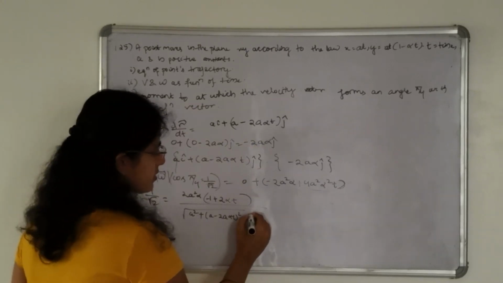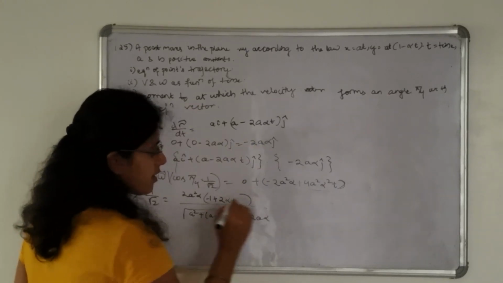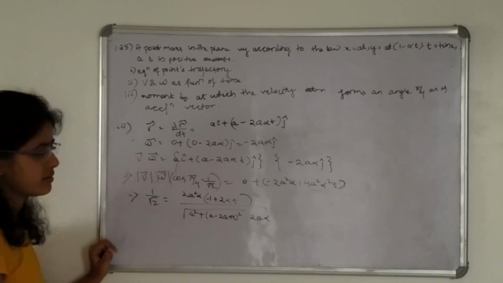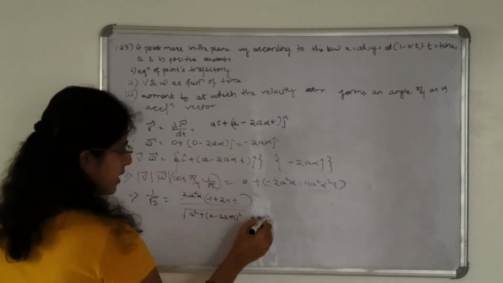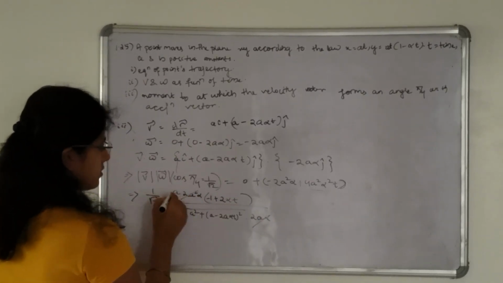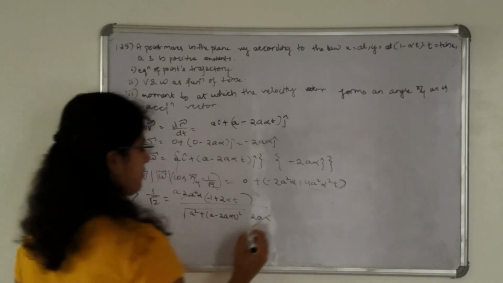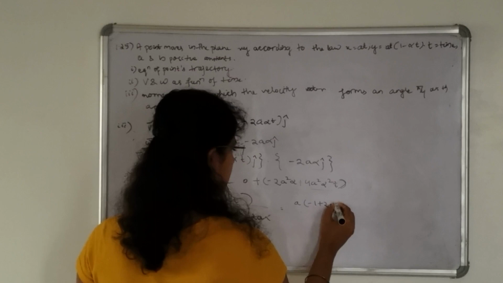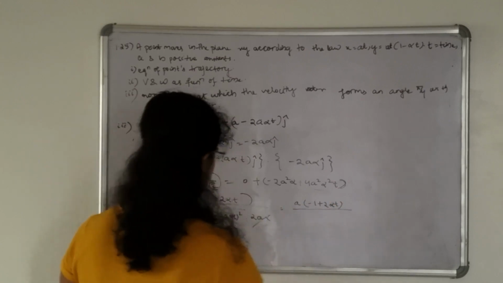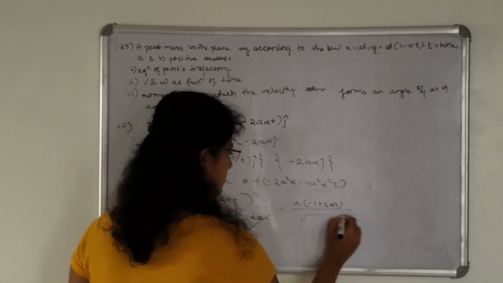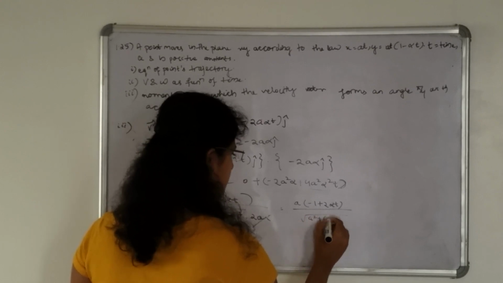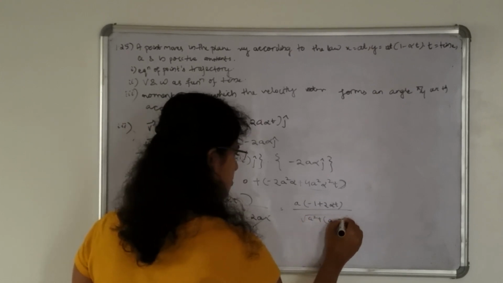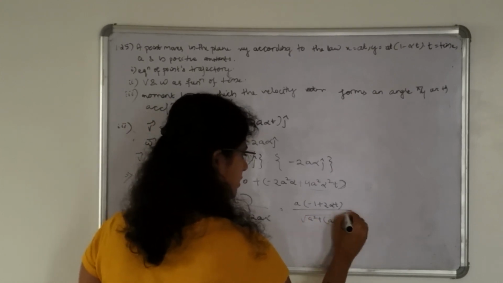So what we get? 2a alpha. So 2a alpha cancels out. A whole into (minus 1 plus 2 alpha t) divided by root over of a square plus (a minus 2a alpha t) whole square.